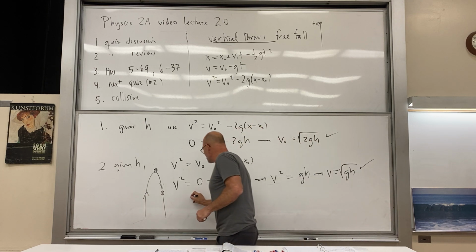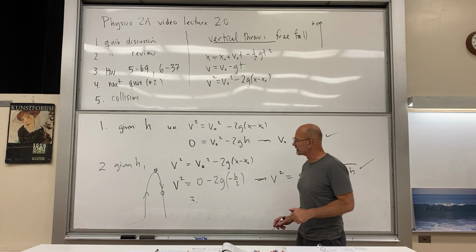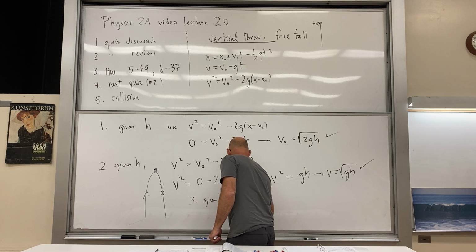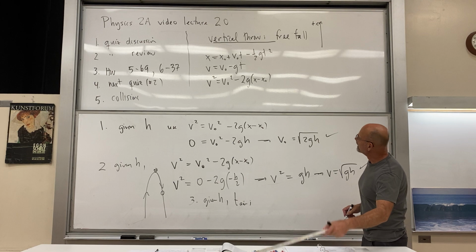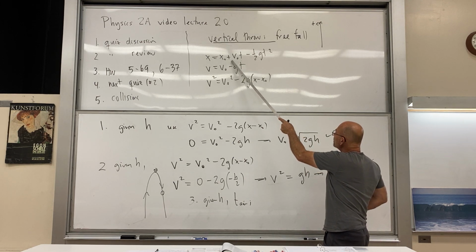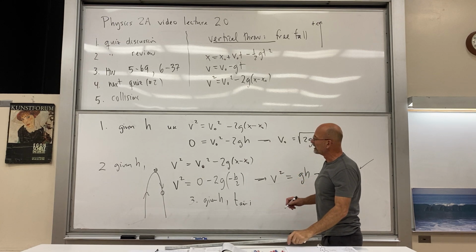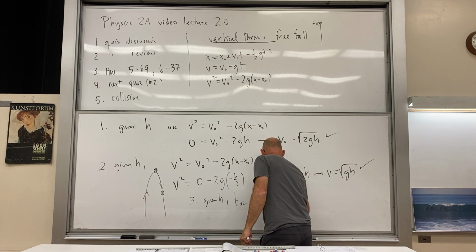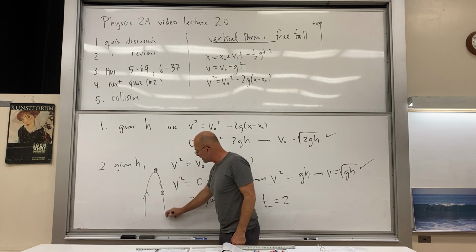The third one was, what was the air time given a certain h? Given h, t sub air. Now, you actually have to use some version of this problem. But again, the best way to do it is to say t sub air is going to be twice the time it takes to fall from here down to there.